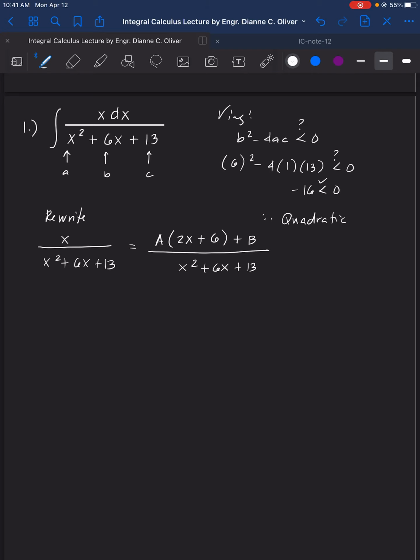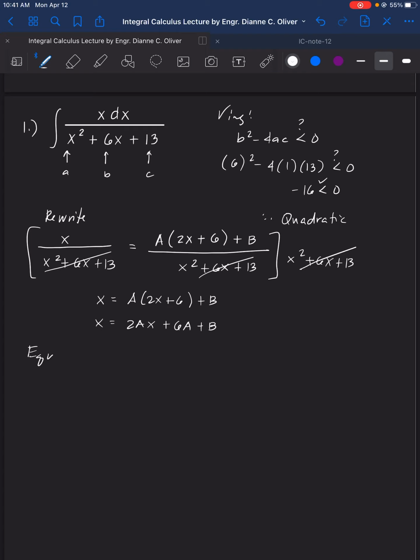Then we will now multiply both sides with the denominator x squared plus 6x plus 13, meaning these denominators will cancel out. So what's left is x is equal to A times (2x plus 6) plus B. So x is equal to 2Ax plus 6A plus B.